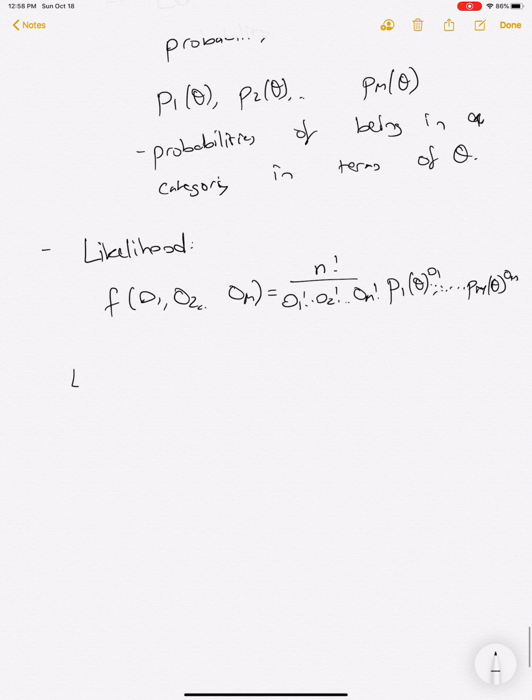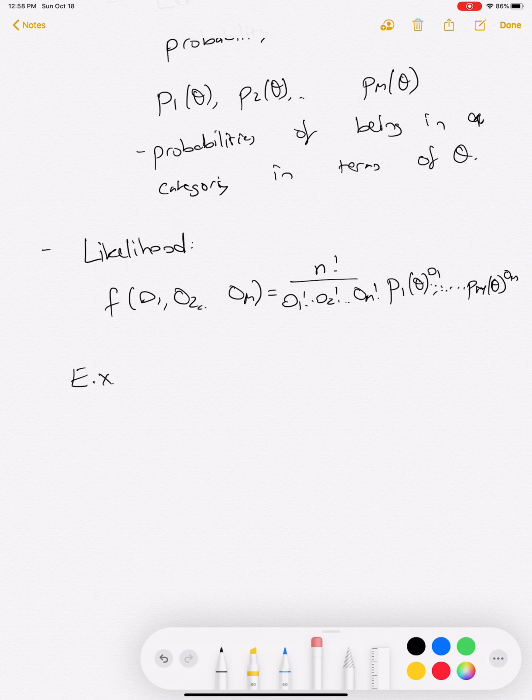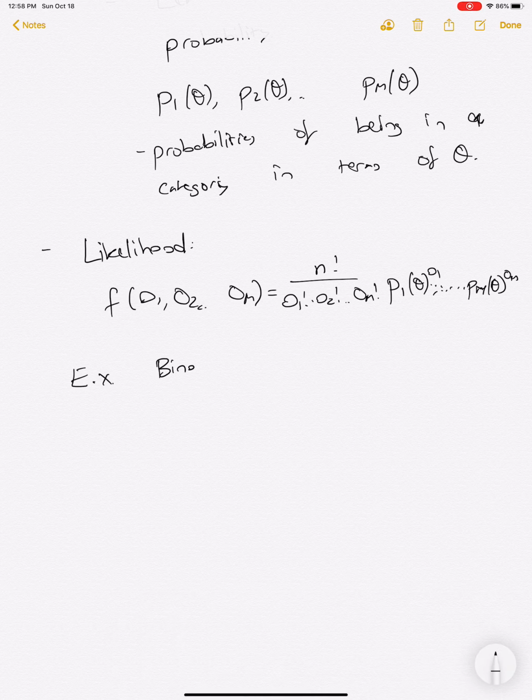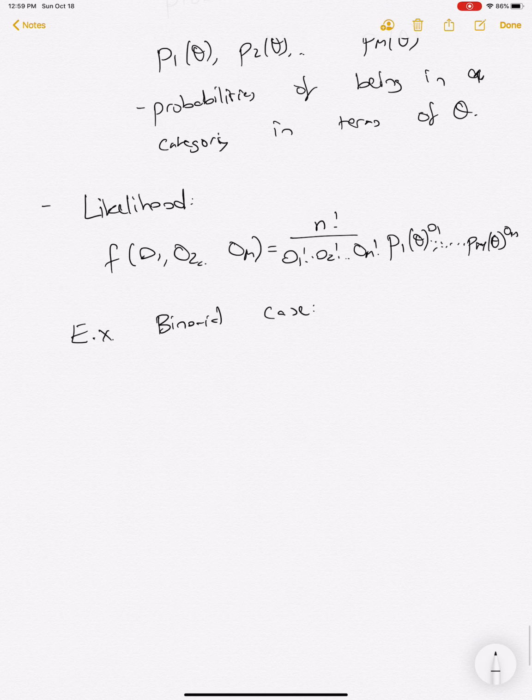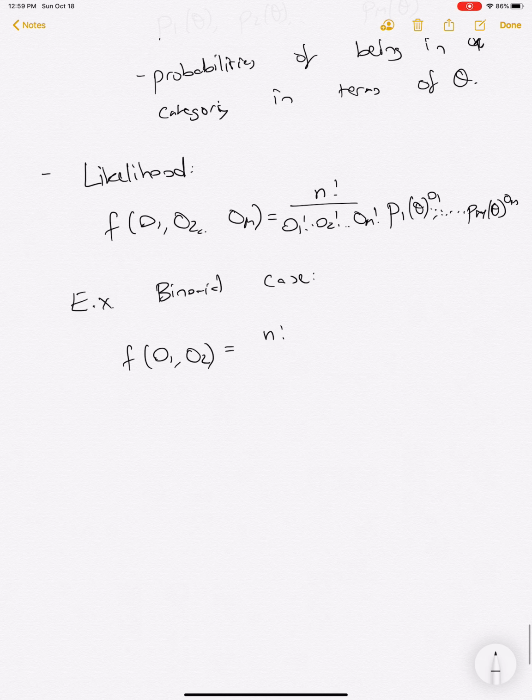To make this a little more explicit, in the binomial case, you're used to the probability being f of, say, O1, O2 equal to n factorial over O1 factorial O2 factorial, and if we were to rewrite this out, it would be P1 to the power of O1 times P2 to the power of O2.